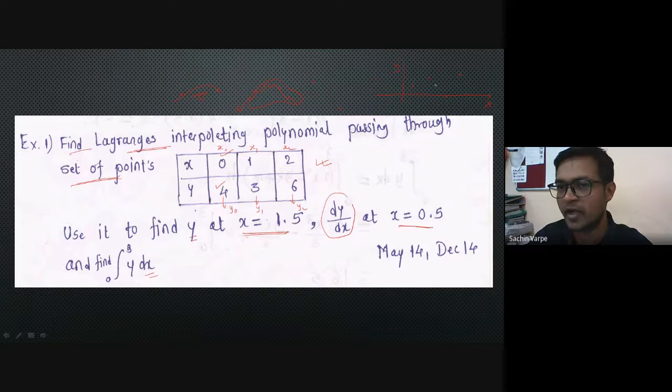I know the values at these points, so can I guess the value at this particular point if I don't know the graph? That may be here, that may be here, that may be somewhere here also.